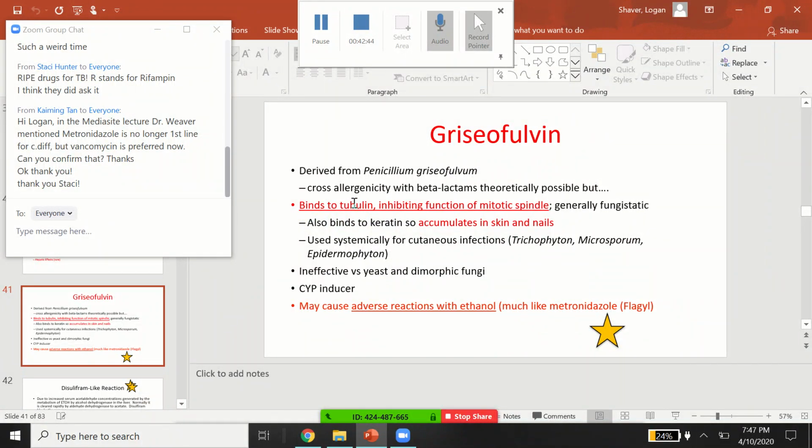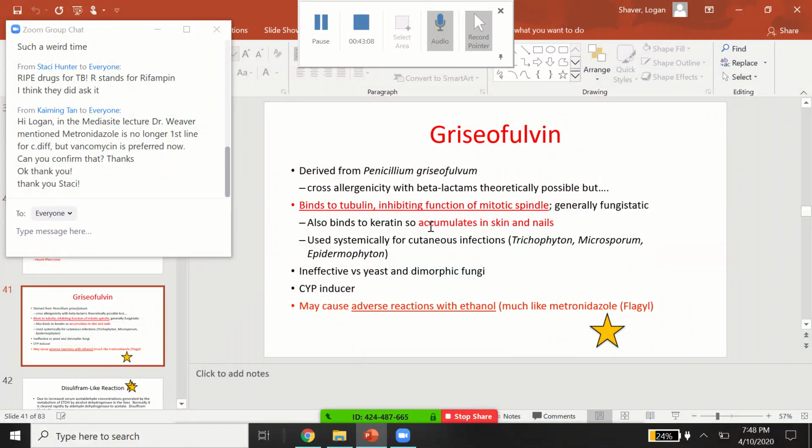Once it binds to tubulin, it inhibits the function of that mitotic spindle. So what that would do is lead to a lot less division. It's pretty far in that process. So you won't have cell division, and therefore they'll die out over time.